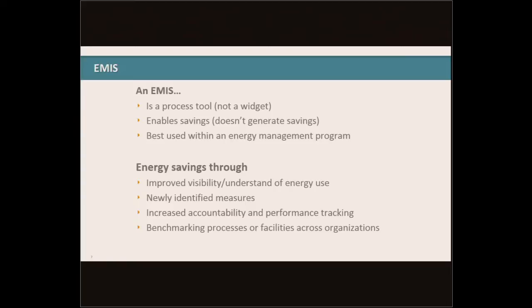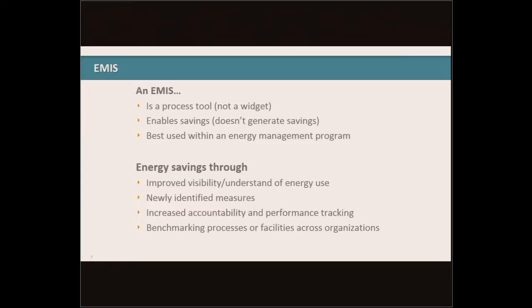It allows you to identify new energy efficiency opportunities. You can see where energy use is higher in certain subsystems or certain operations, maybe certain different production lines, and make some decisions on how to move forward. It increases accountability and performance tracking. Your operators, engineers, and technicians are the ones who have their hands on the systems and really dictate the energy use of a lot of the major subsystems.